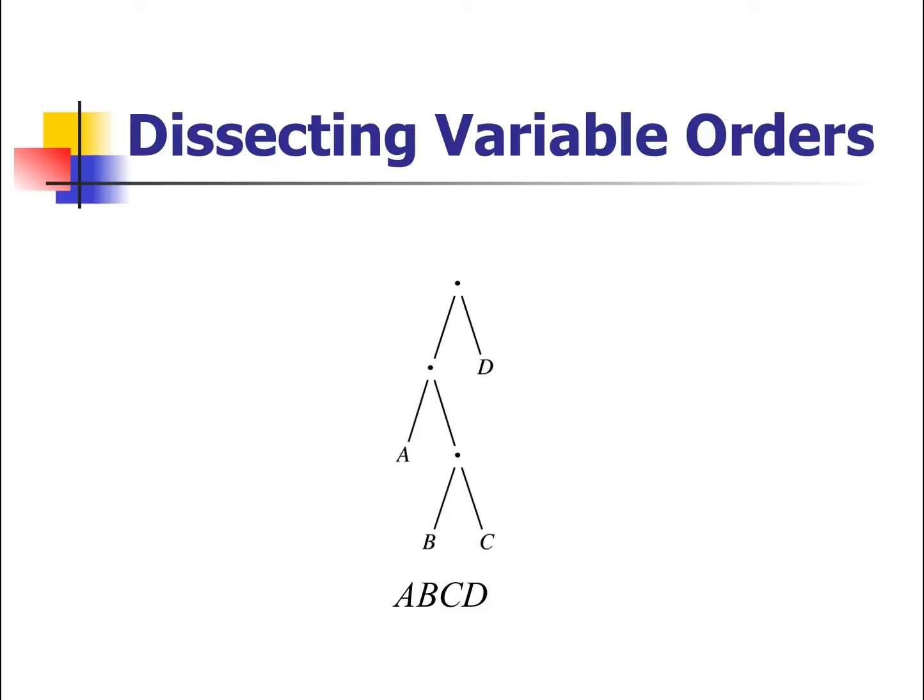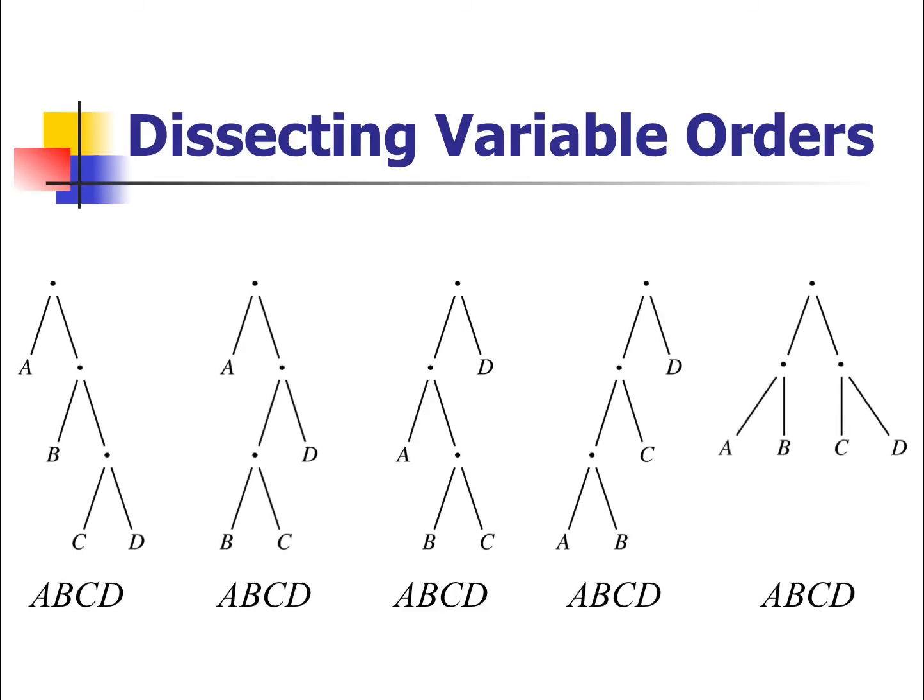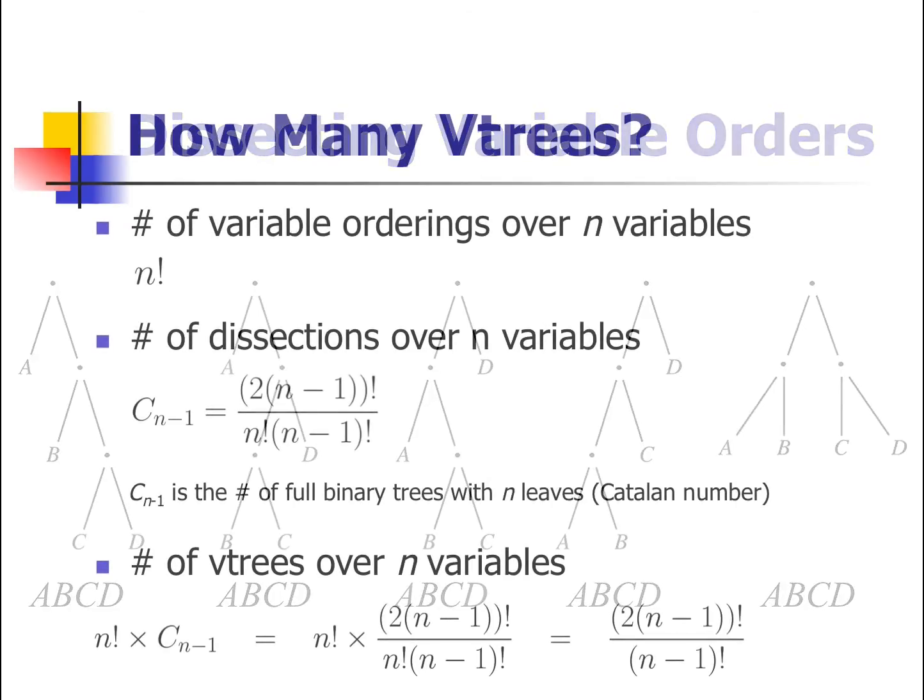So again, we have a total variable order, and then we have a dissection of that variable order. Now clearly, we can do this dissection in different ways, and in this particular case, there are 5 different ways in which we can dissect a variable order of length 4. Here are all of the 5 different dissections. That helps us in counting how many Vtrees we have.